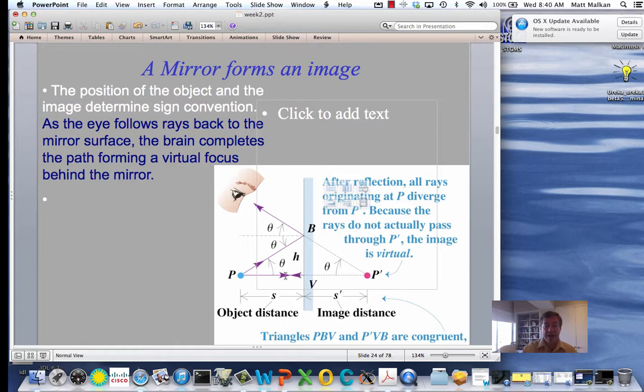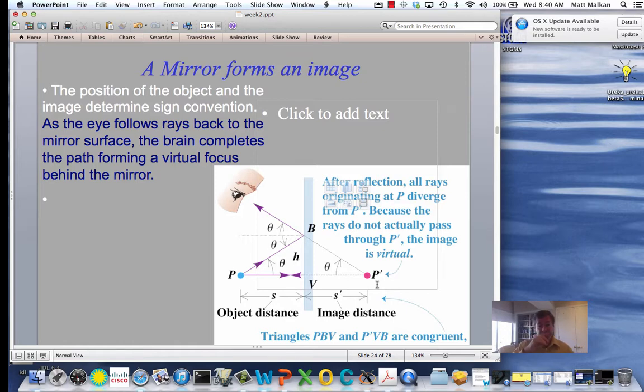So it looks like light rays are diverging from an image behind the mirror. They didn't actually travel that path, so the image is called a virtual image, not a real image, because the light rays didn't actually travel from this point. They just look, by the time they get to your eye, like they did emanate from that point.